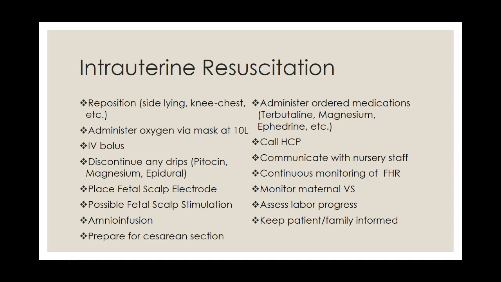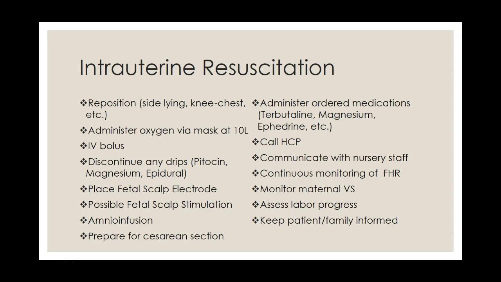We may have to do an amnio infusion. Amnio infusions are administered through an intrauterine pressure catheter. There's a little hub there where we can hook up an IV tubing and run normal saline into the uterus. And we do that for moms who might have lots of variables going on.